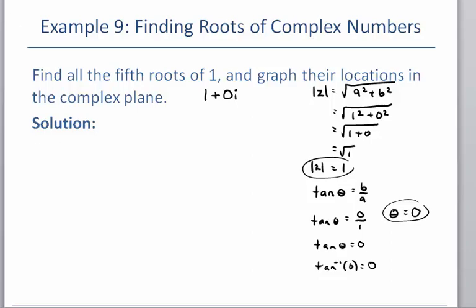So our formula is going to say w_k is equal to the magnitude of z raised to the 1 over n power times e to the i, and then we're going to have theta plus 2k pi over n.